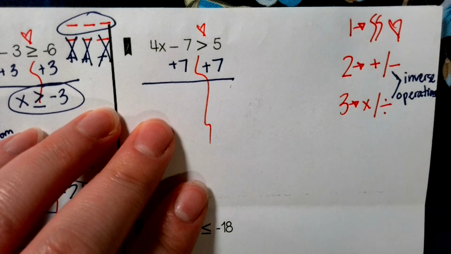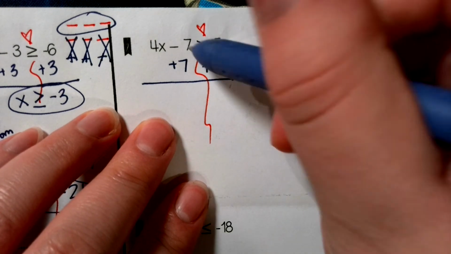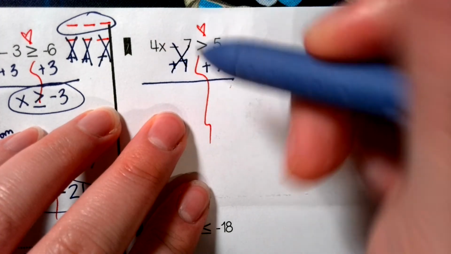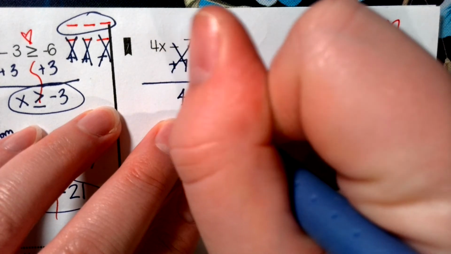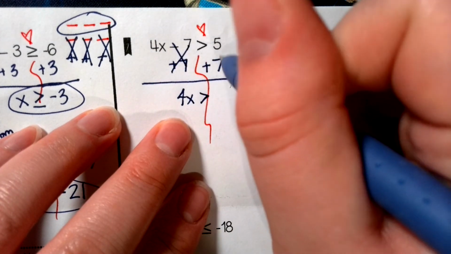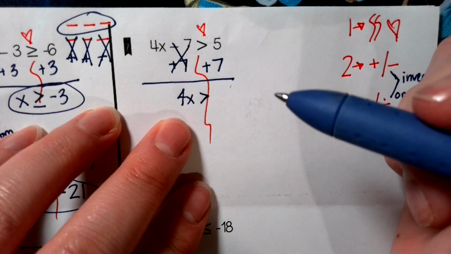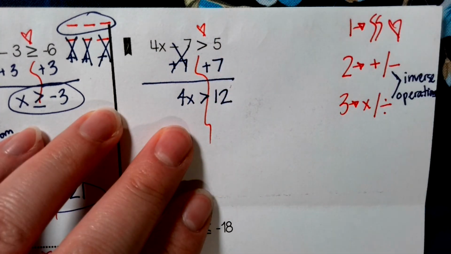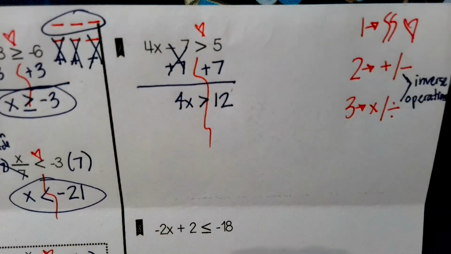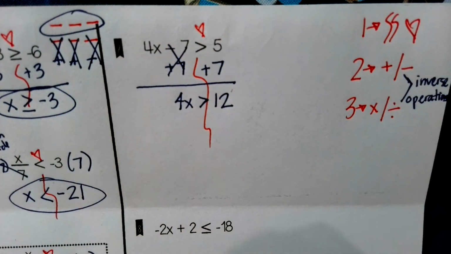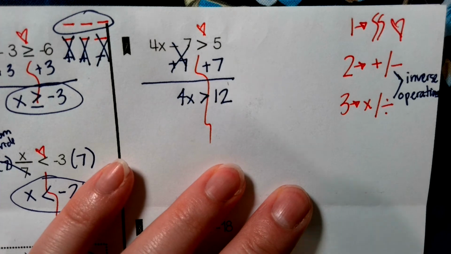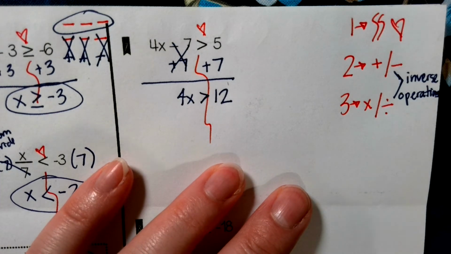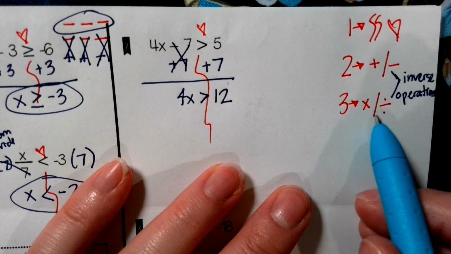So I'm going to add 7 to both sides. -7 plus 7 cancels out. So all we have left is 4x. And that is greater than, what's 5 plus 7? 12. So now we have 4x is greater than 12.